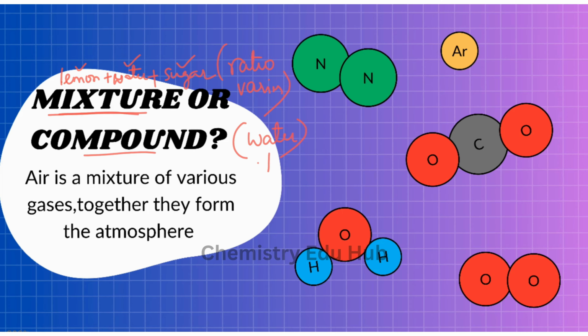The formula that you write for water is H2O. It is always H2O from whatever source you take. That means hydrogen and oxygen are always in the ratio of 2:1. That is the major difference between a mixture and a compound. So mixtures have no fixed composition, which means the ratio of mixing varies.